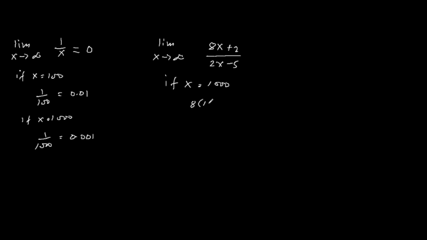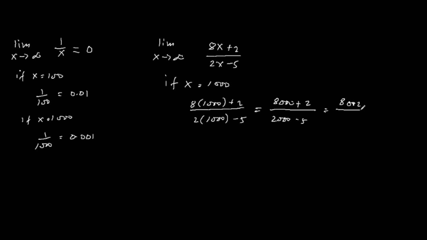So 8 times 1000 plus 2, divided by 2 times 1000 minus 5, is equivalent to 8000 plus 2 divided by 2000 minus 5, or 8002 divided by 1995, which equates to a whole number.